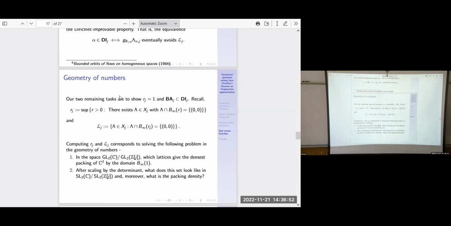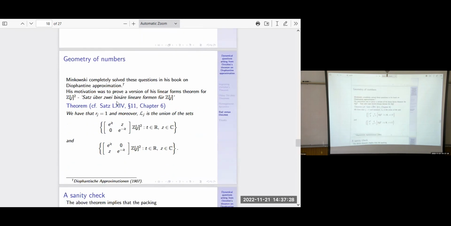Again, this is disk times disk. How do I pack space most efficiently by Eisenstein lattices with this domain? Once you find that set, all of them will have the same absolute value of determinant, so you can scale and bring it into this space. What does that look like? Figuring out the packing density corresponds to figuring this thing out, and figuring out exactly which lattices pack it best corresponds to figuring what this is.